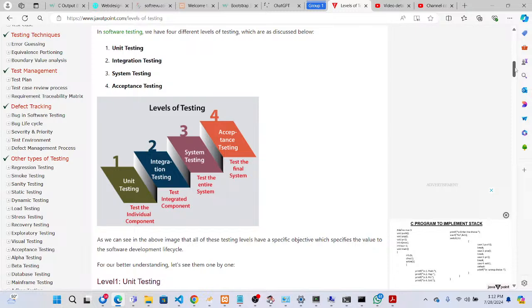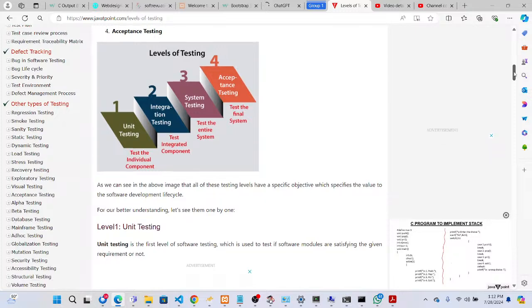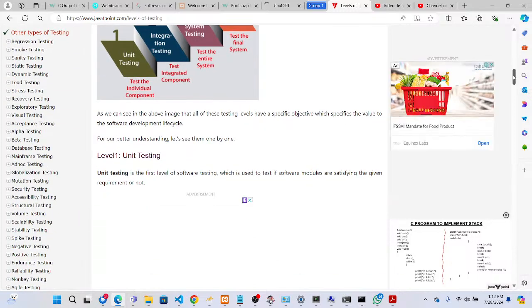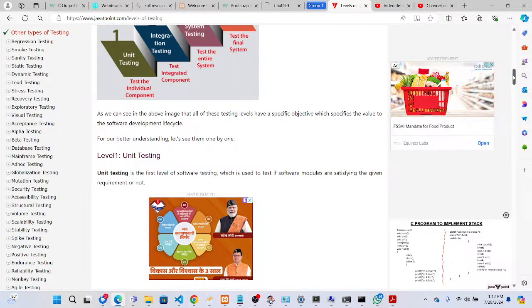And acceptance testing is done by the end users or customers, who test the final system for their acceptance to do the deployment. As we have seen in the above image, all these testing levels have a specific objective which specifies the value to the software development life cycle.